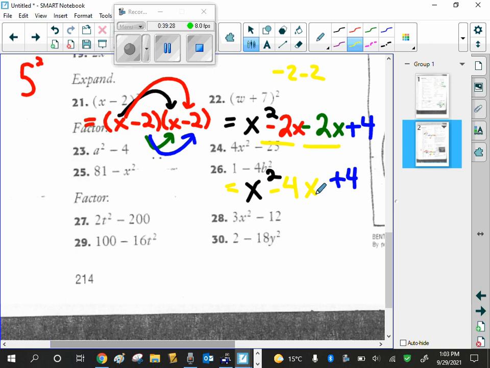Okay, do the next one, please. 22 for you. Rewrite and FOIL.